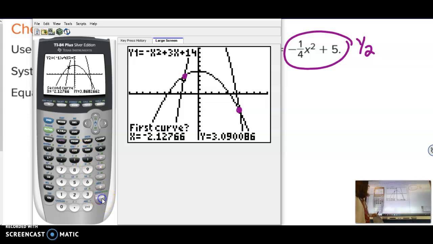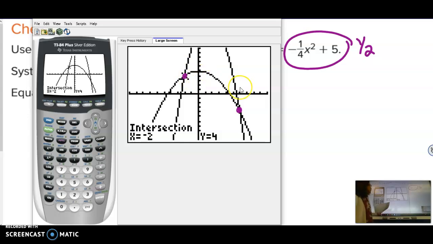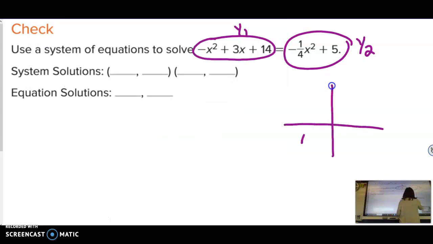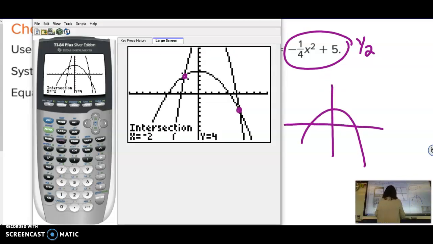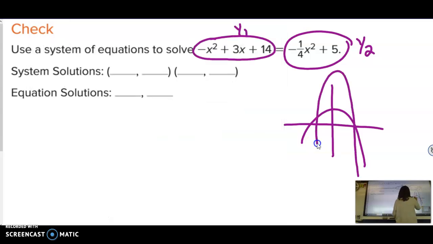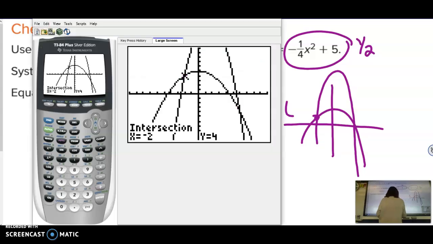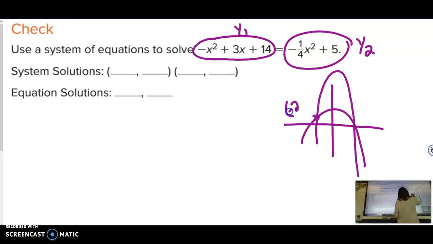I'm going to go ahead and hit enter, enter, enter, and it'll find this value for me. So that's -2, 4. And on your paper, we're just going to draw a quick sketch. So the first one kind of looks like this. The second one looks more like this. So my first point of intersection is -2, 4.